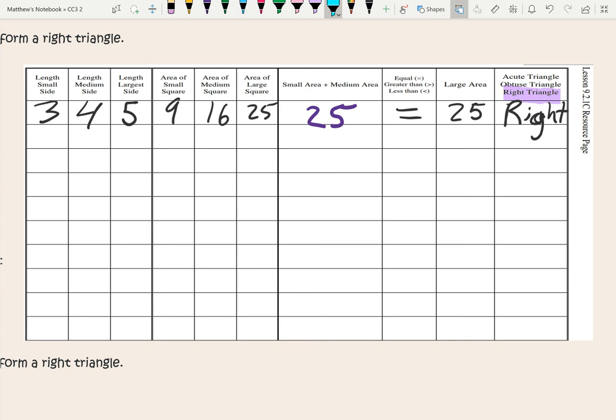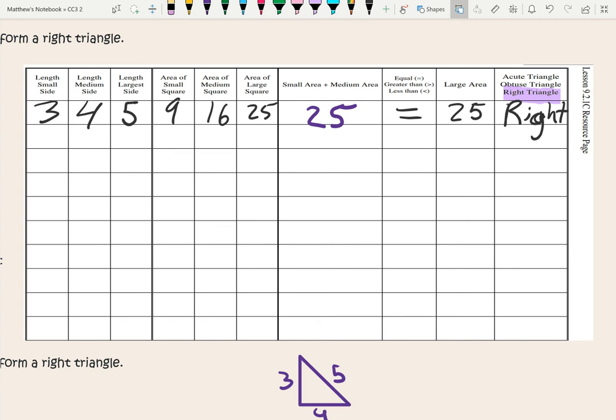So for example, if I had the side lengths of 3, 4, and 5, I'm going to go ahead and draw that out here down below. So I had 3, 4, and 5. When I took the area of the small square, meaning I created a square here that was 3 by 3, that area was 9.